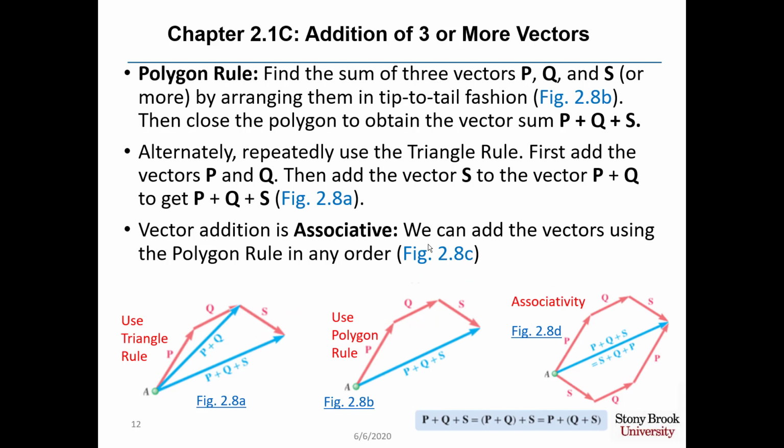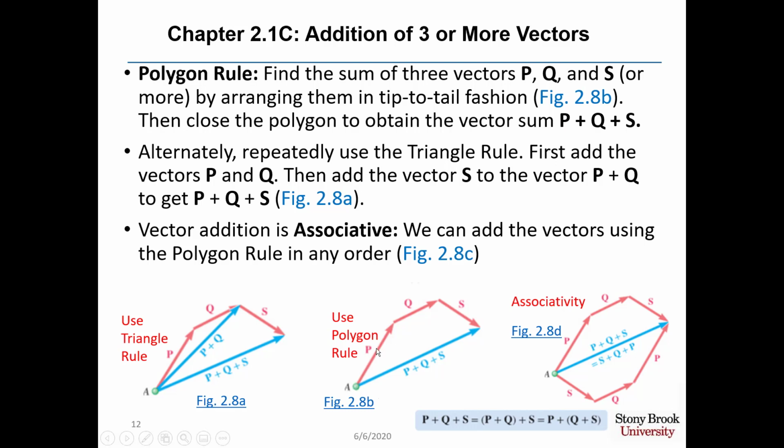We add 3 or more vectors with the polygon rule, which is an extension of the triangle rule. We find the sum of three vectors, P, Q, and S, or more, by arranging them in a tip-to-tail fashion as shown in figure 2.8b.